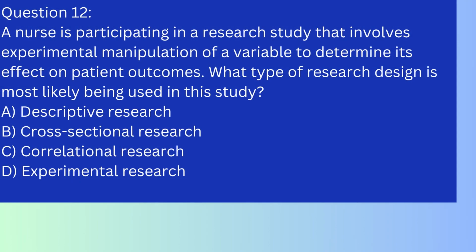Question 12. A nurse is participating in a research study that involves experimental manipulation of a variable to determine its effect on patient outcomes. What type of research design is most likely being used in the study? A. Descriptive research. B. Cross-sectional research. C. Correlational research. D. Experimental research.